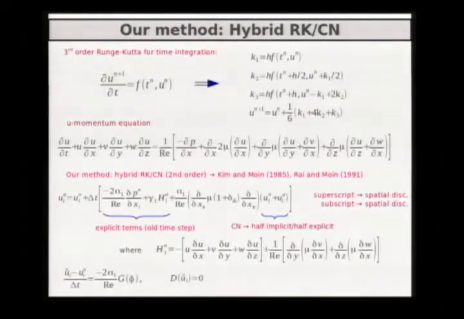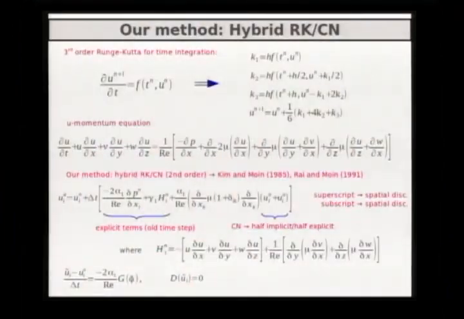Here are the explicit terms, the pressure gradient, and other explicit terms coming from the diffusive terms are inside this H term. And for the remaining diffusive terms, we employ the Crank-Nicolson time step. The n on the superscript denotes all the values that are known, and a is the unknown that accounts for the first step of the Runge-Kutta integration. To close the problem, this equation needs to be combined with these two, and we'll talk about that in a second.